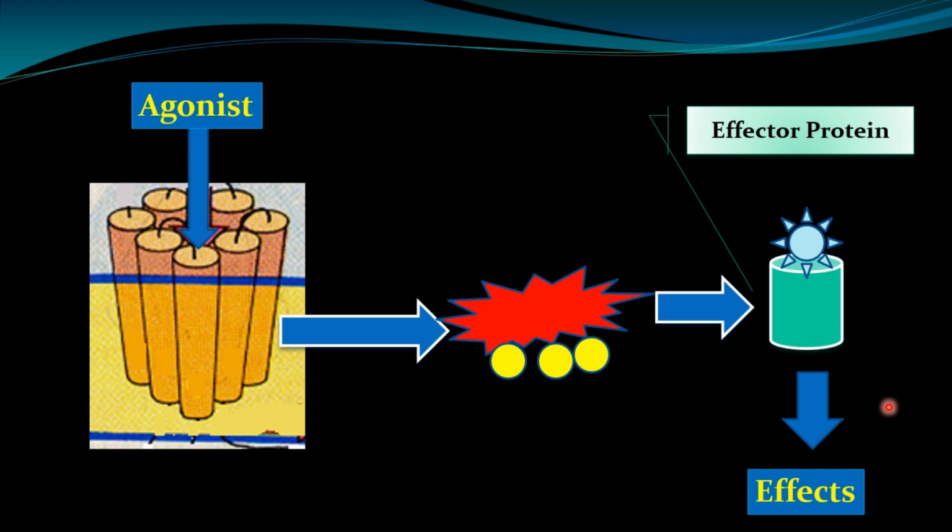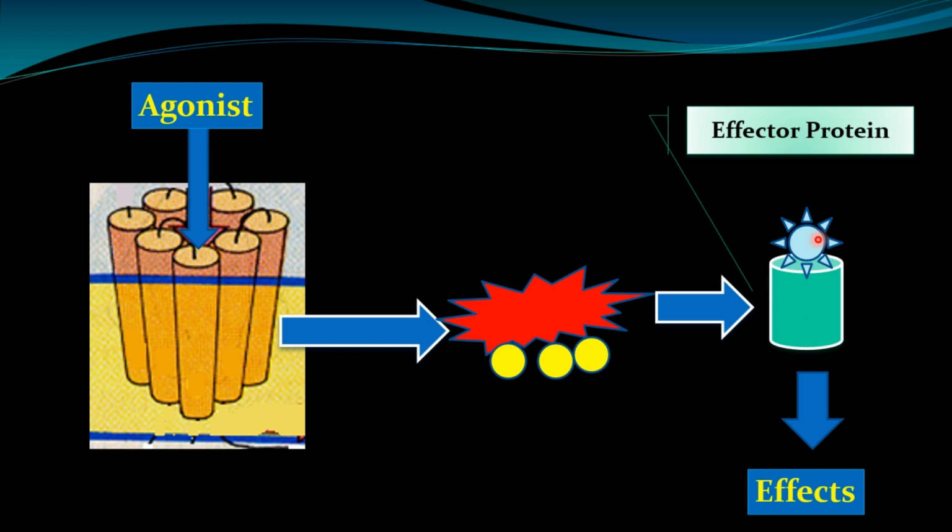There are three types of G proteins. That is Gs, S for stimulatory, and this stimulatory Gs stimulates the adenylate cyclase enzyme, and this adenylate cyclase enzyme increases the formation of cyclic AMP, the secondary messenger.